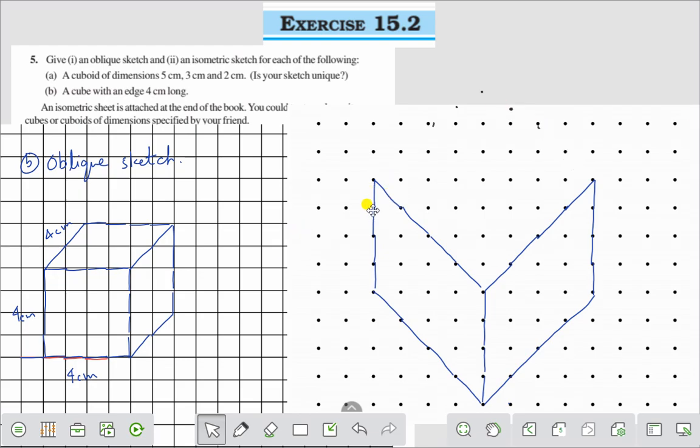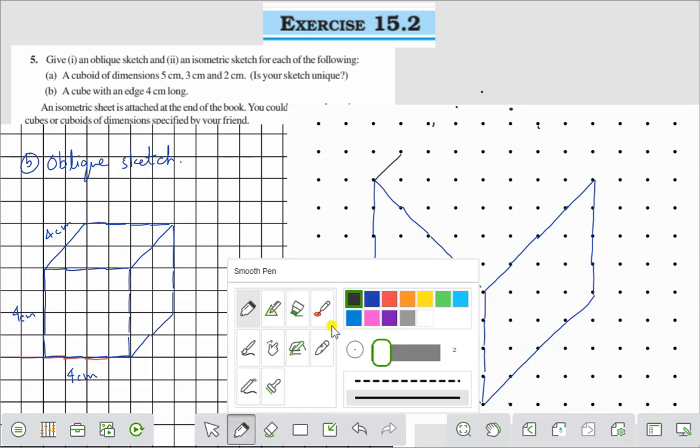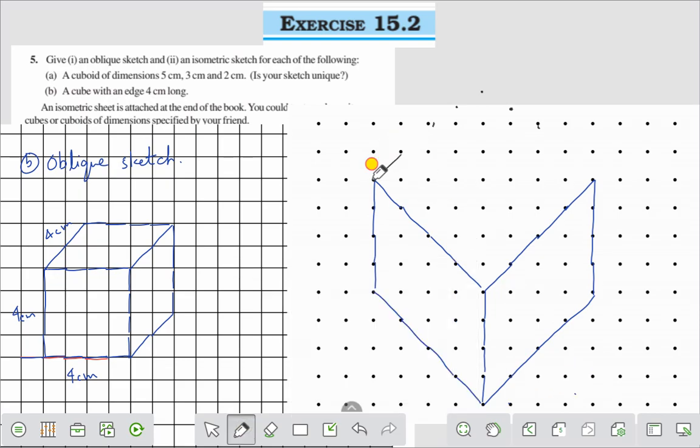Now here you see 4 points. You will take 4 points again here also. With blue color you take 1 2, this is the third point, and 4. This is also 1 2 3 and 4, right?